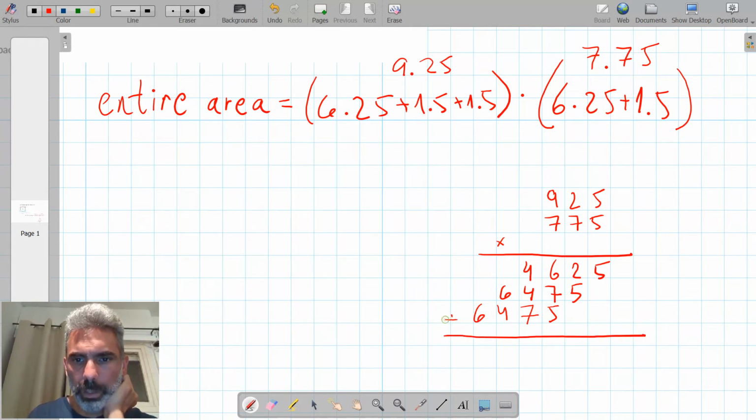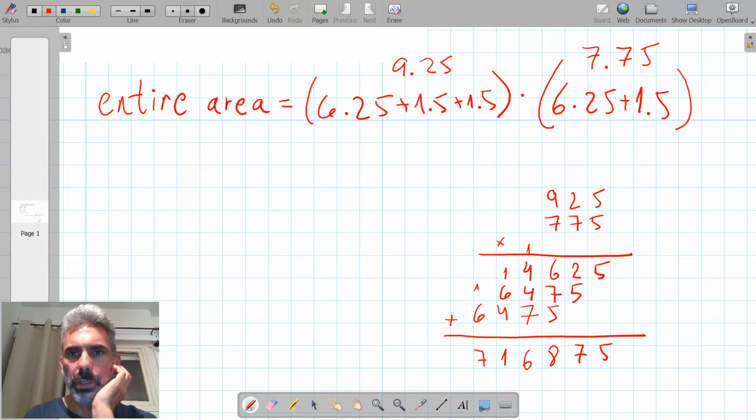Now I add 5, this is 2 plus 5 is 7, 6 plus 7 is 13, plus 5 is 18, 1 plus 4 is 5, 5 plus 4 is 9, 9 plus 7 is 16, 1 plus 6 is 7, 7 plus 4 is 11, 1 plus 6 is 7.